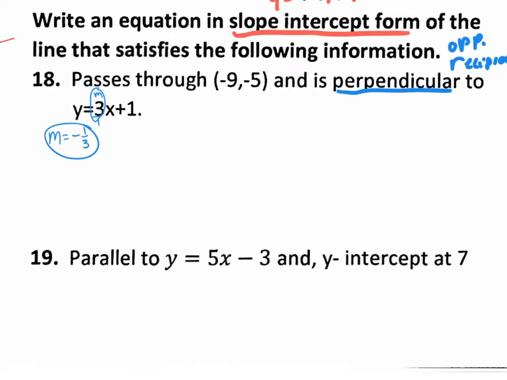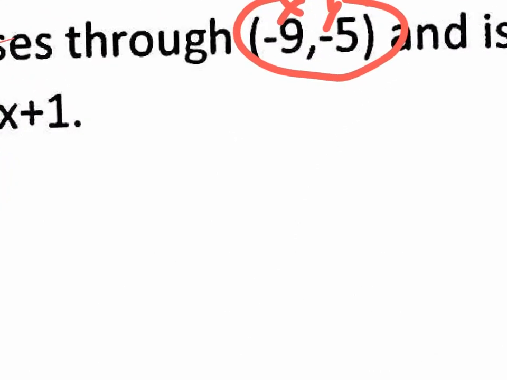And we also know that we have a point right here, the point -9, -5, which is really an x value and a y value. Okay, so if we have a point and a slope, is that good enough for slope-intercept form? Not really. It's good enough for point-slope form. And I hope we remember point-slope form. And if we don't, let's zoom in here and jot down what point-slope form is.